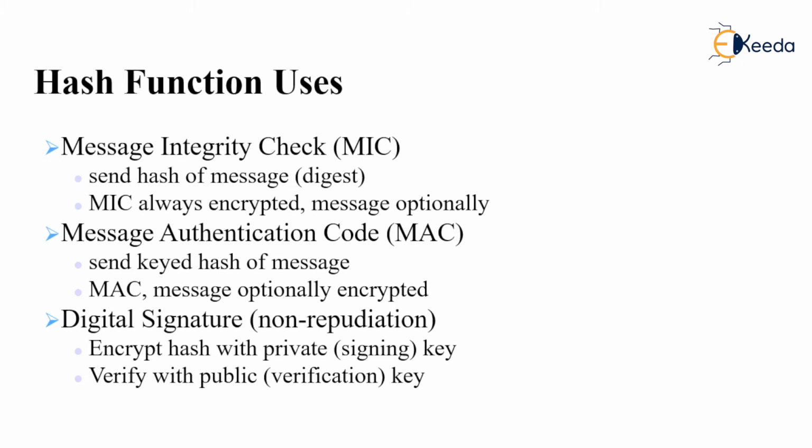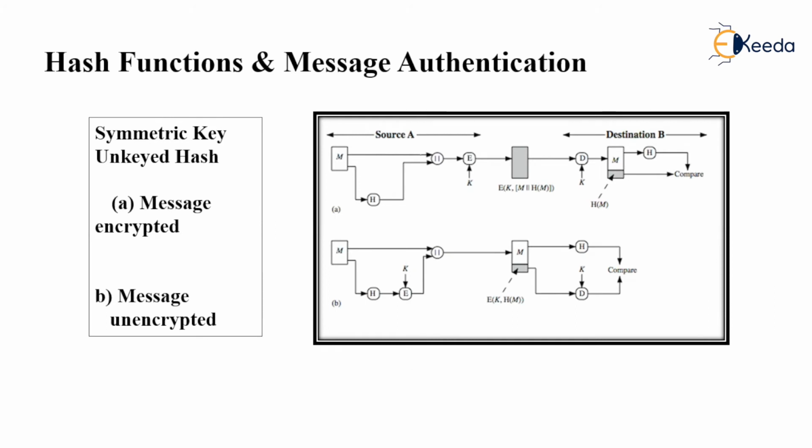Then that keyed hash encryption will be compared at the receiver's end using the verification key, and for the verification, the receiver uses the public key of the sender. Now these are the hash functions and how the message authentication takes place.